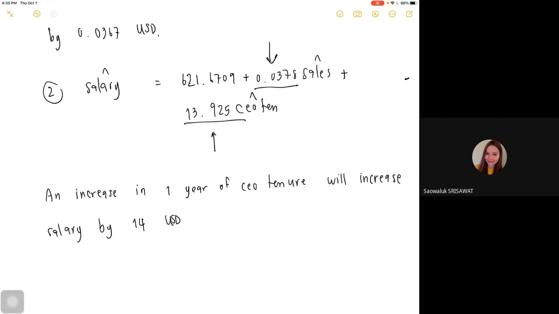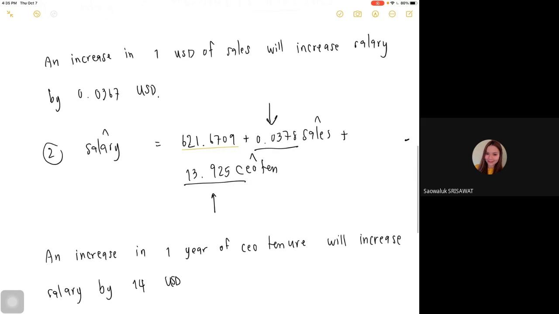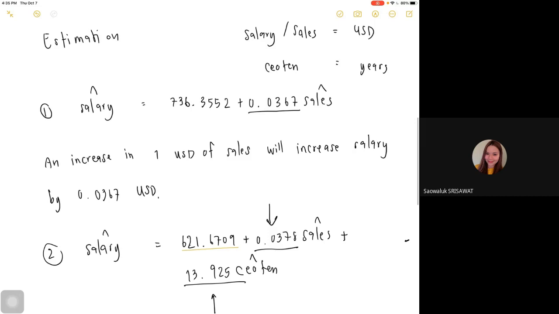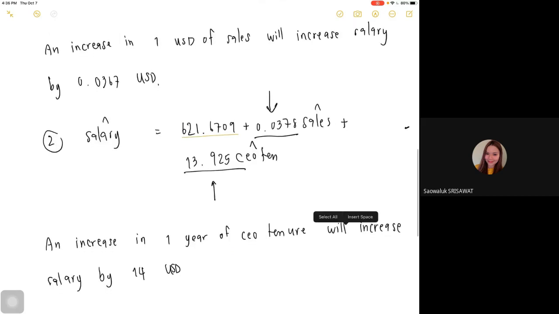Right? So actually the way you interpret the results is the same. In the first estimation, you have only one independent variable, so basically it's just a simple linear regression. And the second estimation is the multiple linear regression, right? Because you have more than one independent variable.